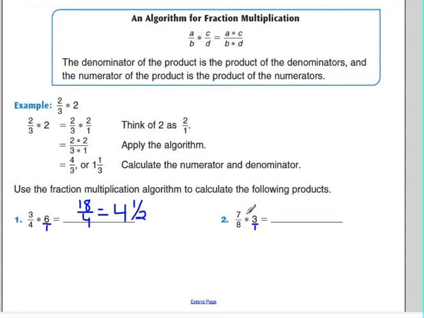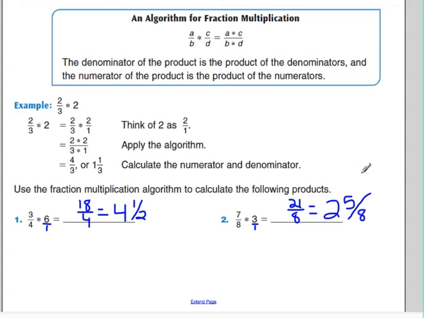Now you can apply the algorithm. 7 times 3 is 21. 8 times 1 is 8. 8 goes into 21 2 times with a remainder of 5/8, because 8 goes into 21 2 times, that's 16. 21 minus 16 is 5. Yep, 2 5/8.